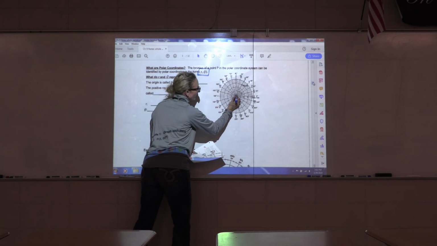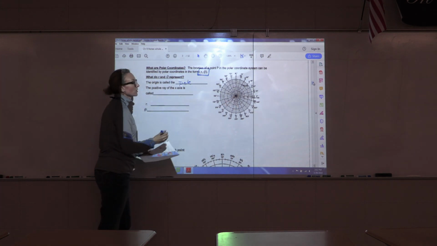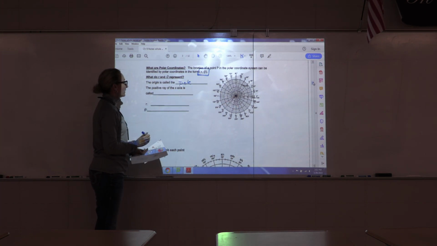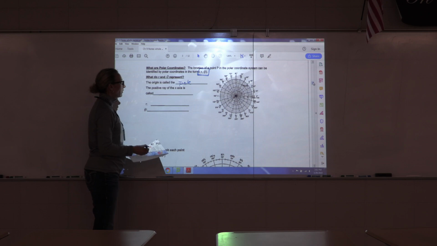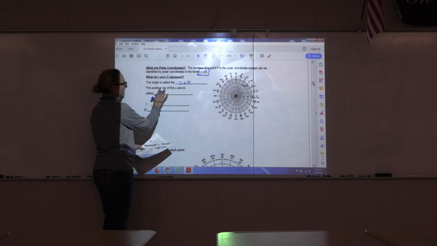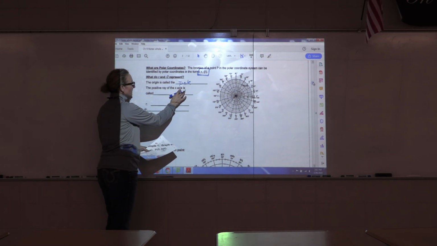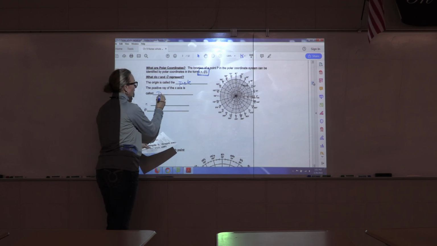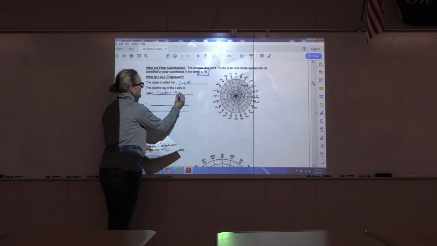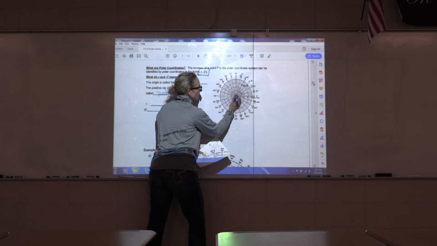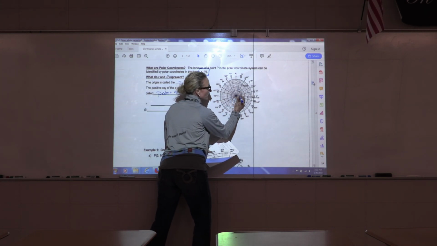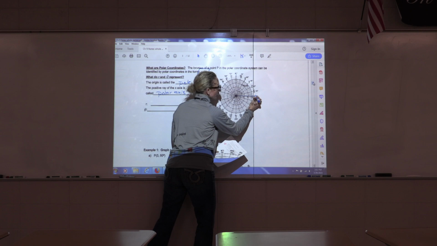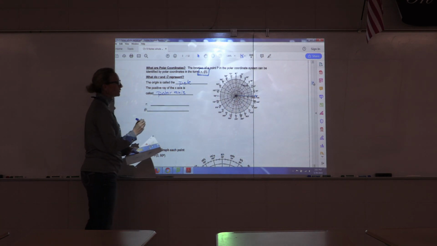This point right here in the middle, the origin, has a special name and it's called the pole. The positive ray of the x-axis is called the polar axis. So the pole is important and this ray is important. It's called the polar axis.